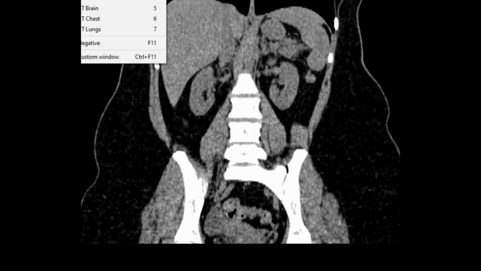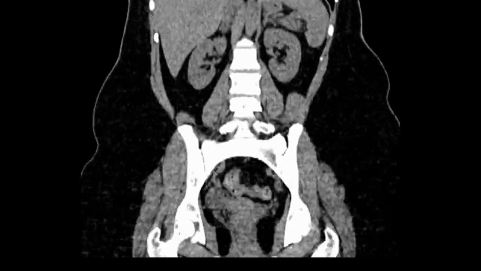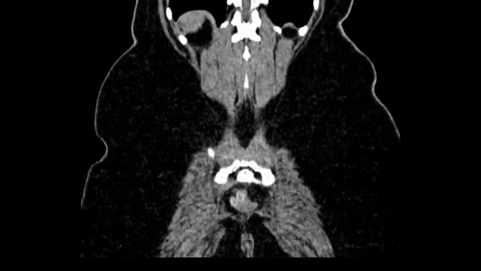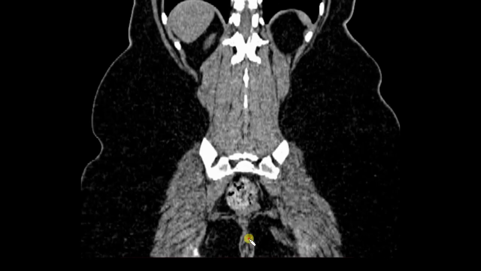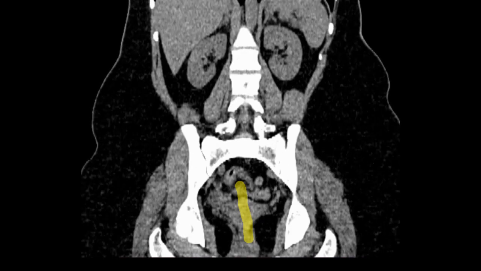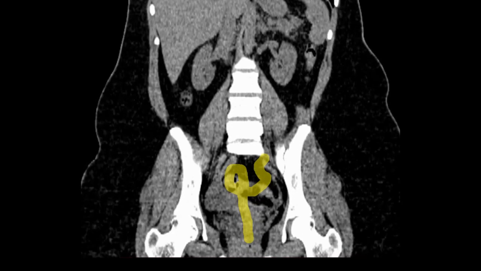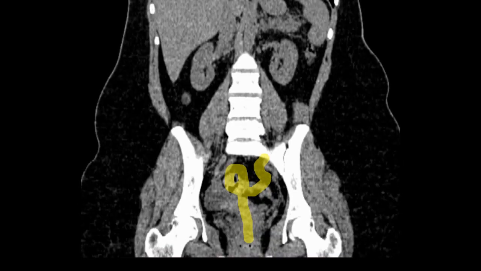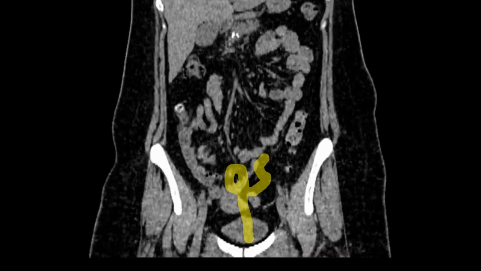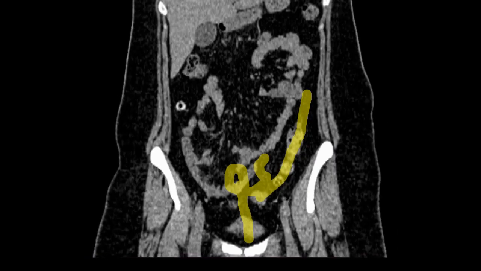We will also see it in the coronal ones. In the coronal section also you have to do the same thing. You have to follow the intestine from the anal canal or from the ascending colon. Anal canal, rectum, sigmoid. Here you can see a turning of the mesentery, and then it is going up.